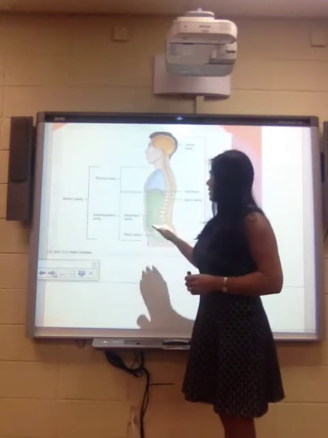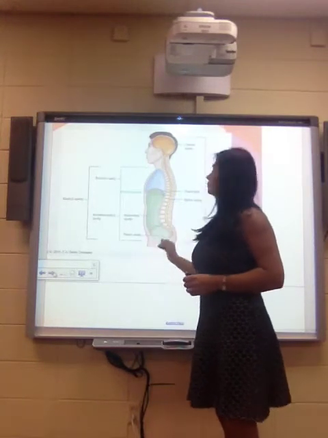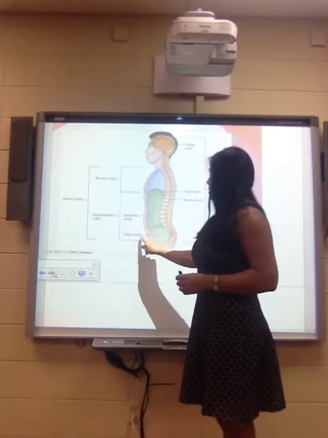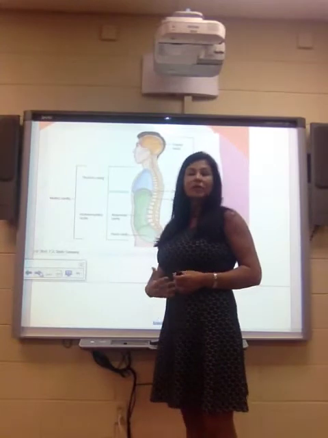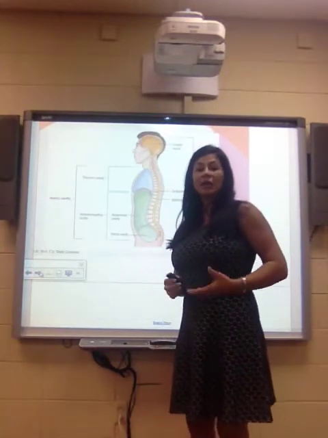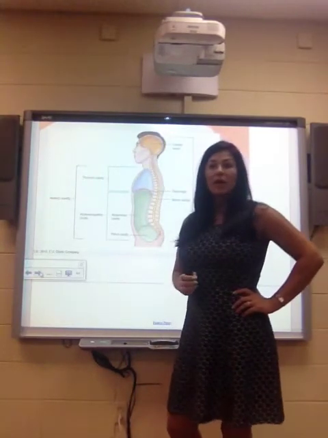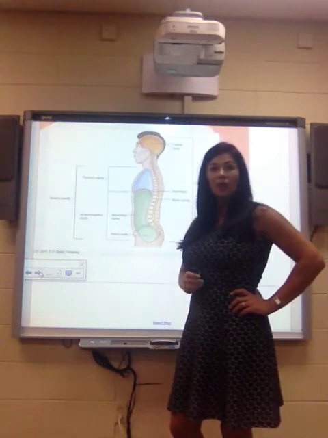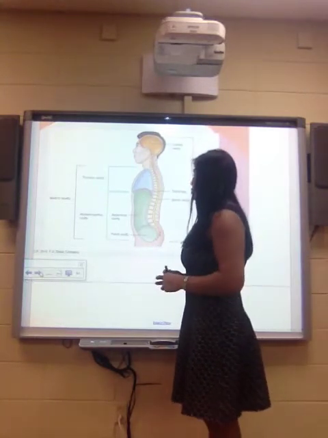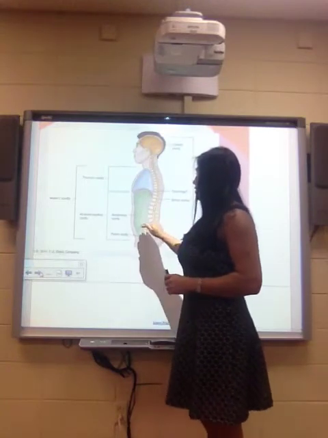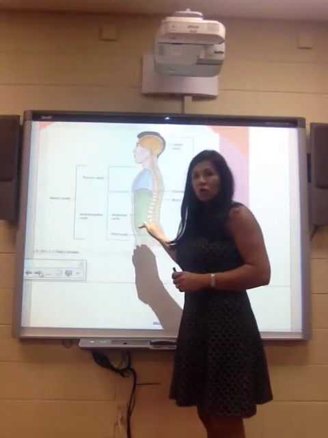It divides the thoracic and the abdominal cavities. Your abdominal cavity is going to include all the abdominal organs, so stomach, intestines, liver, pancreas, as well as your gallbladder, your appendix, your spleen. Those are all your abdominal organs found in that abdominal cavity.